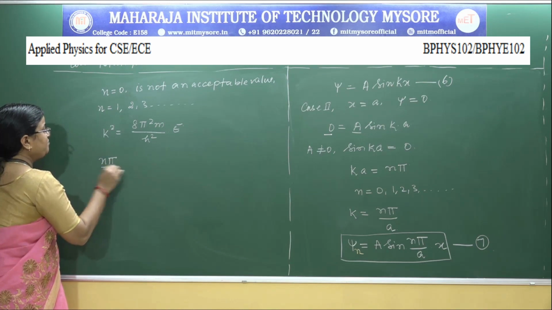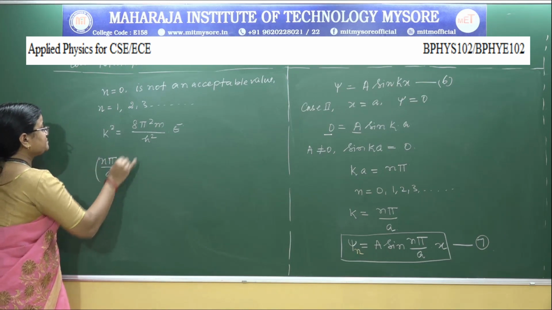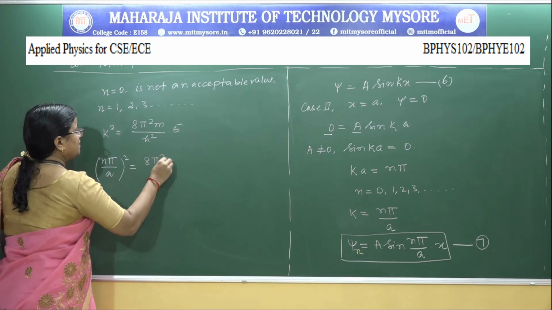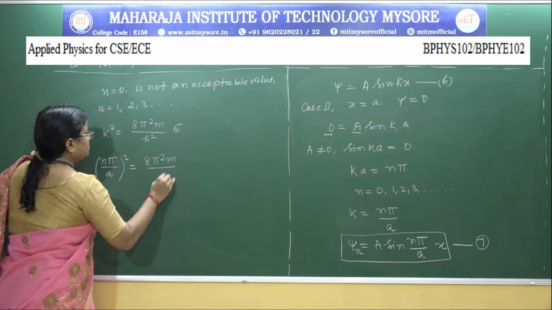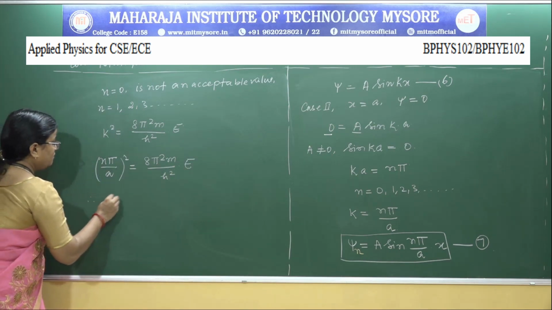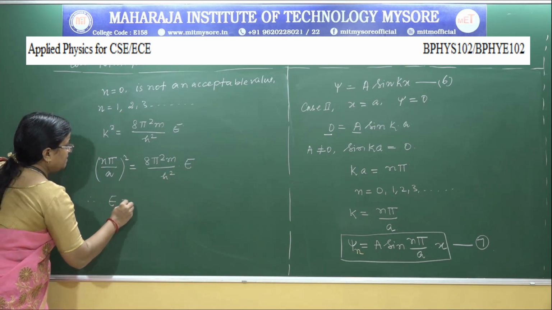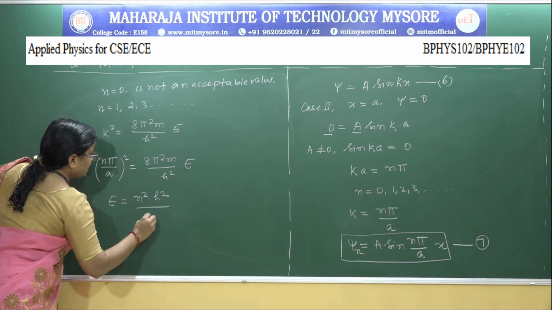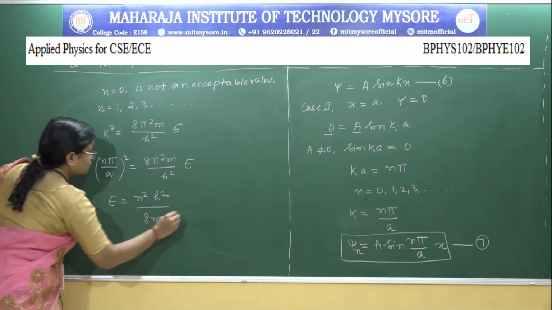It is (nπ/a)², and this will be equal to (8π²m/h²)E, and if you solve for E, you will get n²h²/8ma².